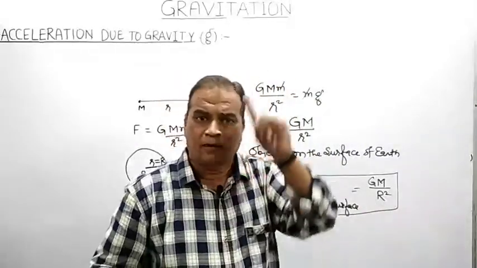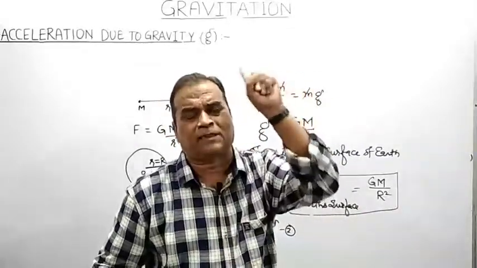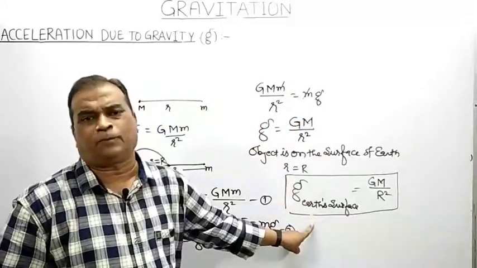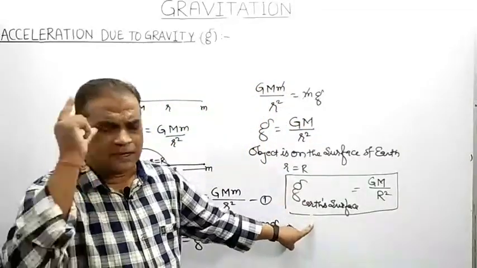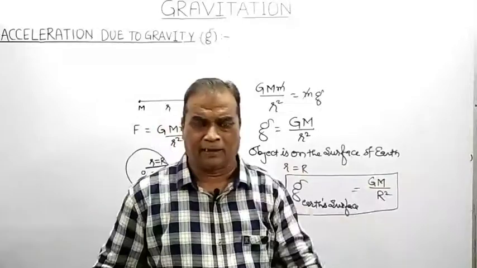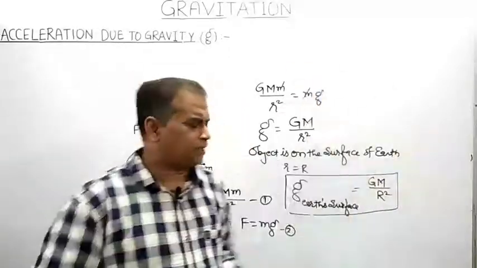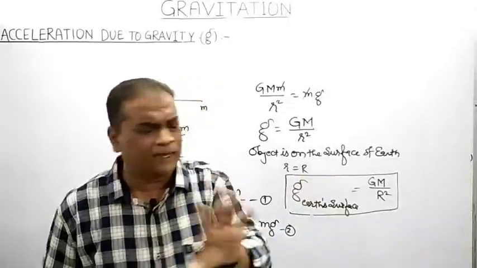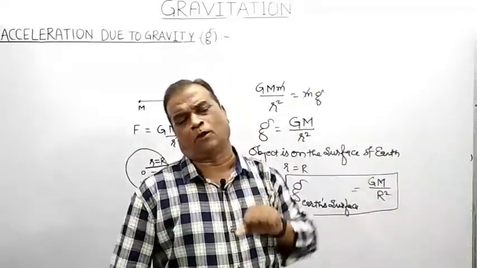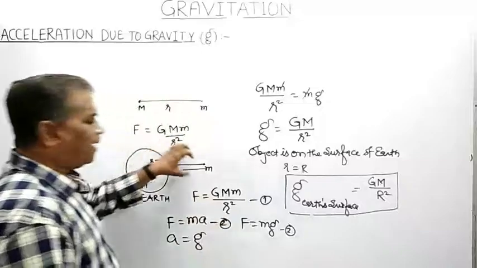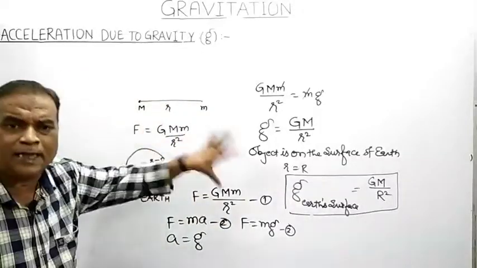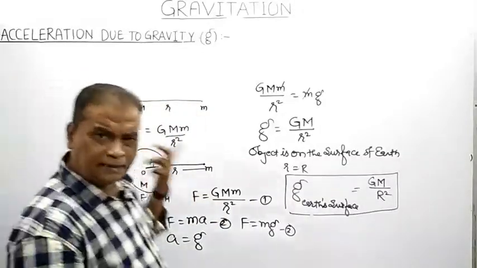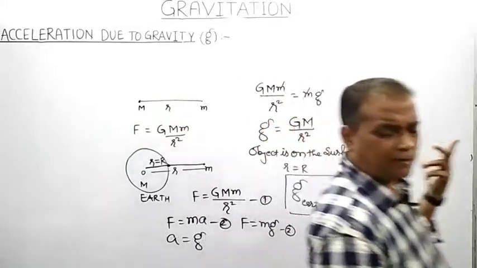This shows that Galileo's statement can be proved with the help of this mathematical equation, that the value of acceleration due to gravity for all the objects near the surface of earth is GM divided by r square. It depends only on the properties of earth and not on the mass of the object on which that acceleration due to gravity is acting.